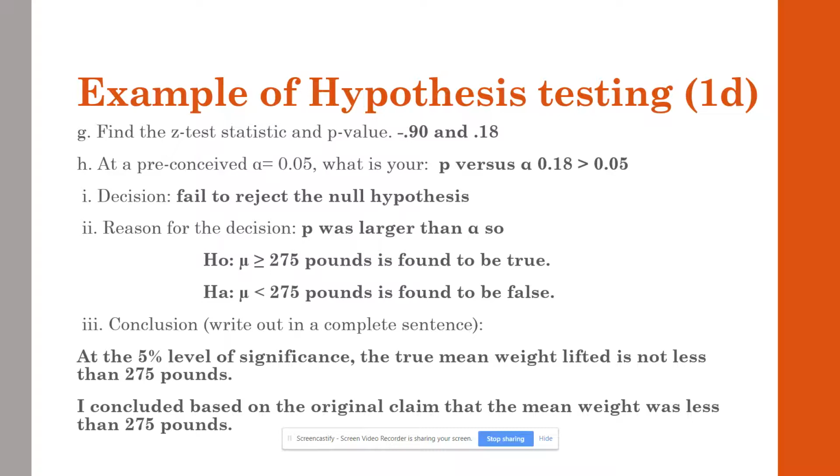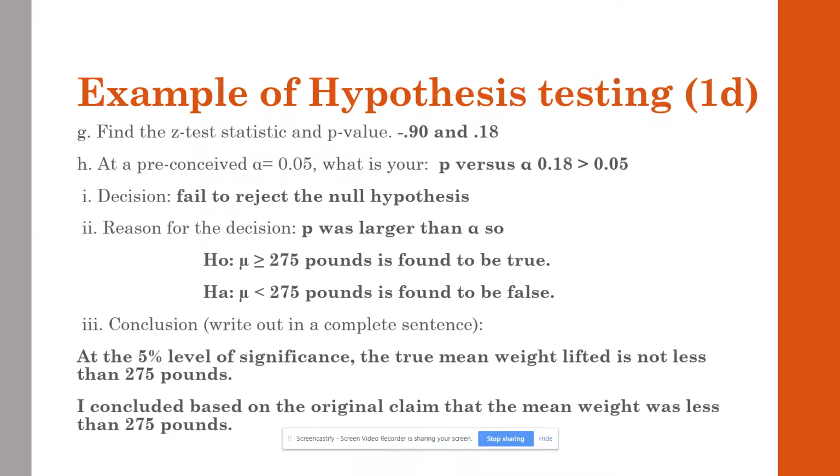So at the 0.05, what is my verdict? P versus my alpha. My 0.18 is greater than my level of significance. Based on that decision, I'm going to fail to reject my null. What was the reason for my decision? Because P was larger than the level of significance. Because P is larger than the level of significance, you fail to reject your null, which means you're keeping your null.